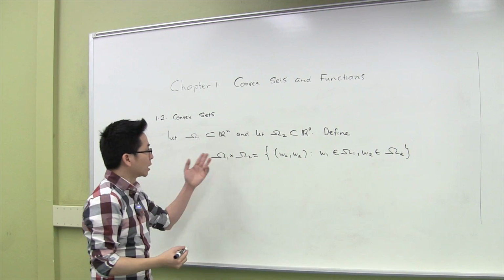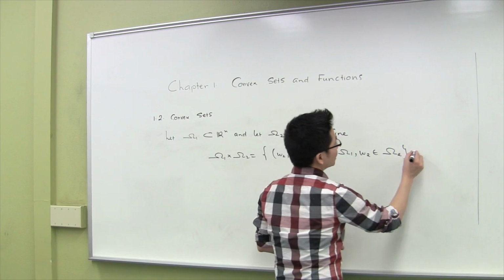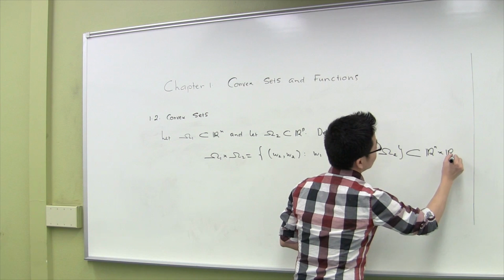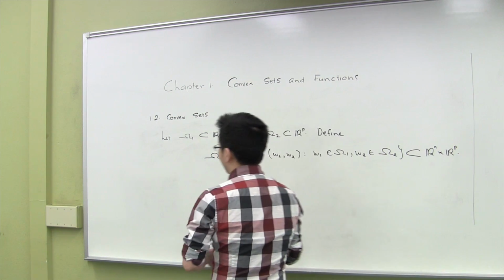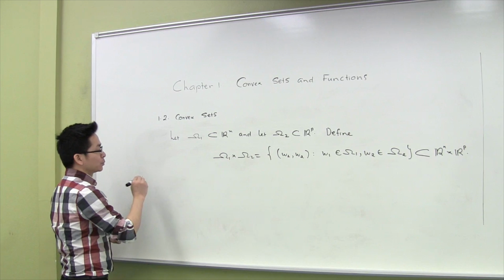Note that omega 1 times omega 2 is a subset of Rn times Rp. Now from this definition, we can see the following proposition.